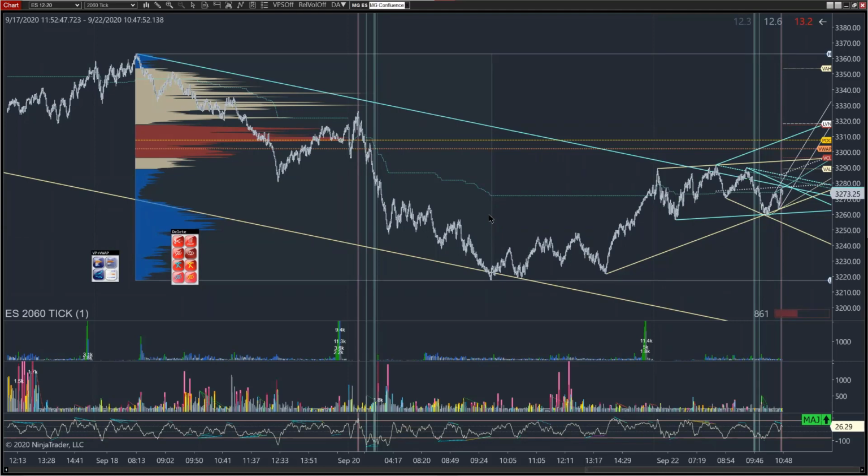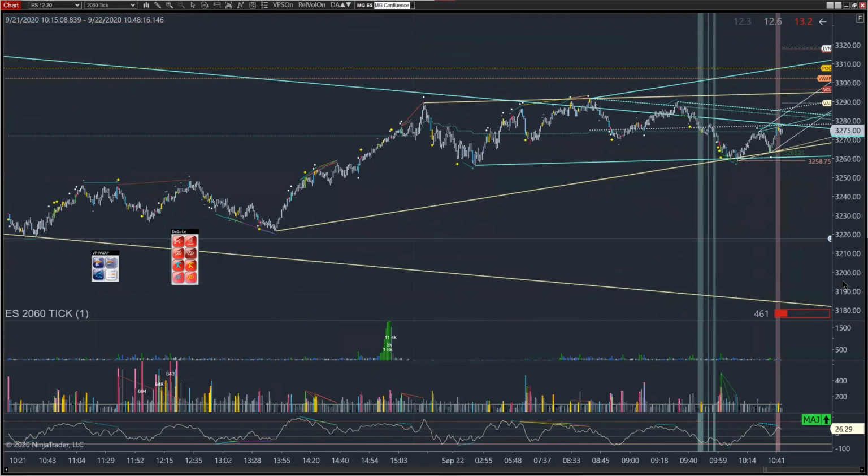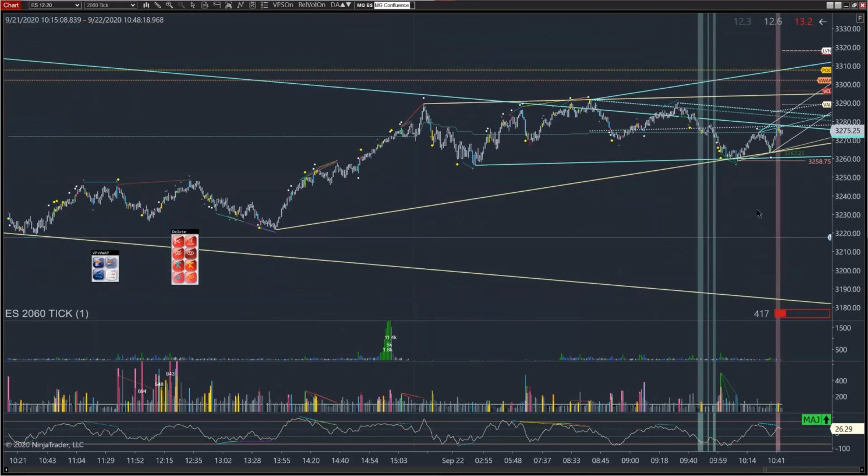Interesting. Very, very interesting. That's right up there at the top of that channel, too. If we break on through to the other side. Wait a second. Sounds familiar. If we break through all of this madness here, which is just lines, they're just lines, then the top of that channel is pretty likely, huh?